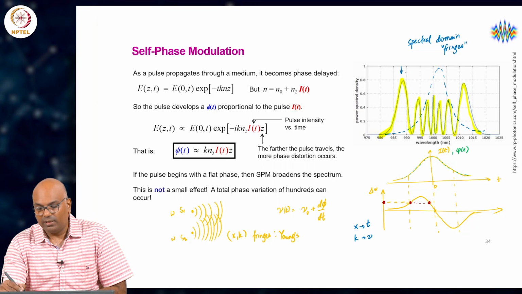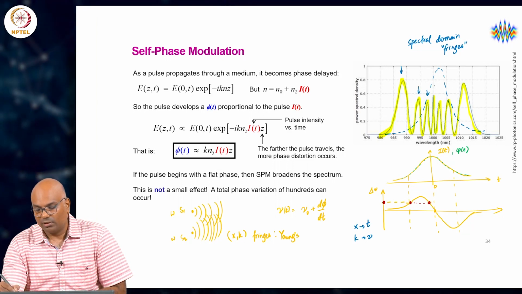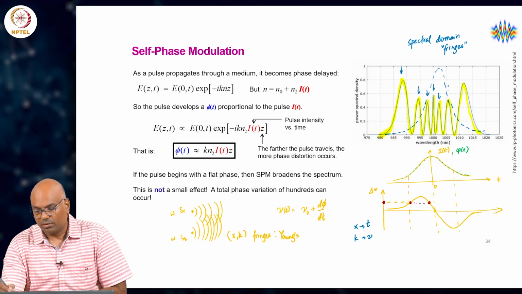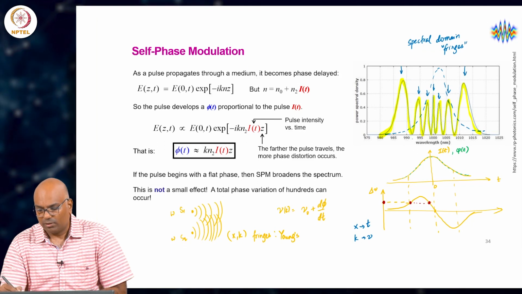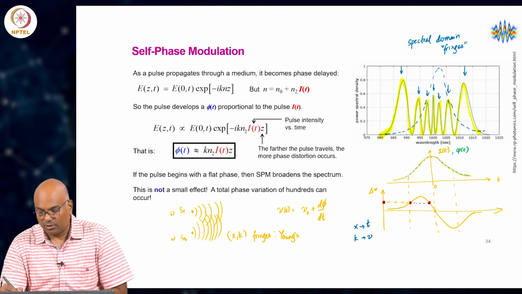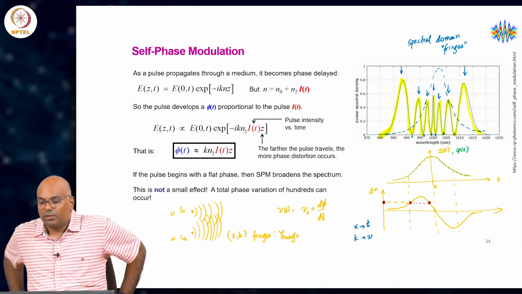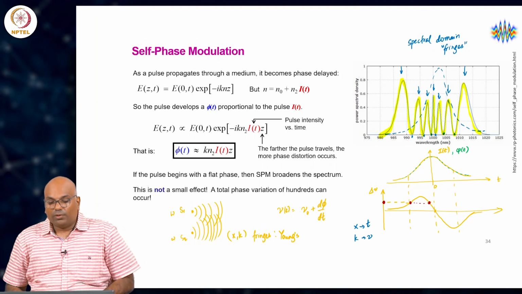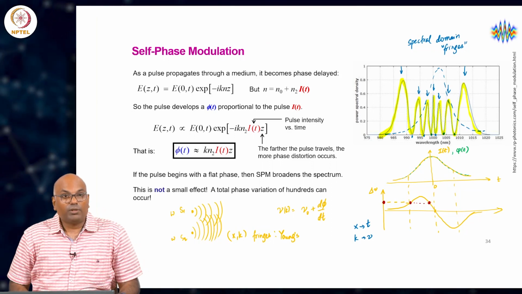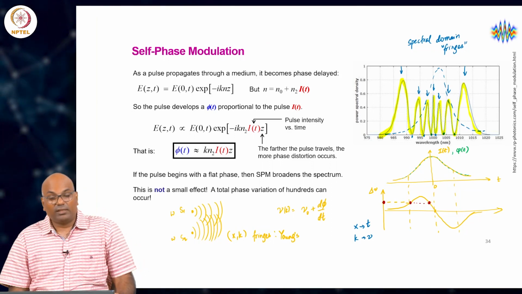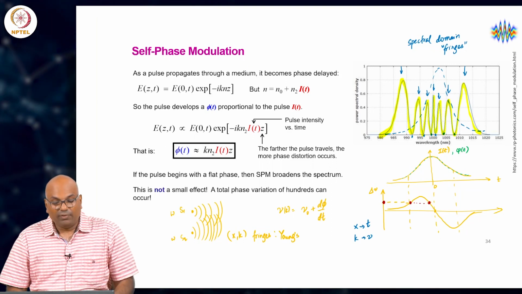So, these are the bright fringes and these of course are the dark ones, the nodes in the spectrum if you wish, right. So, that is the consequence of the intensity dependent refractive index in the time frequency domain.